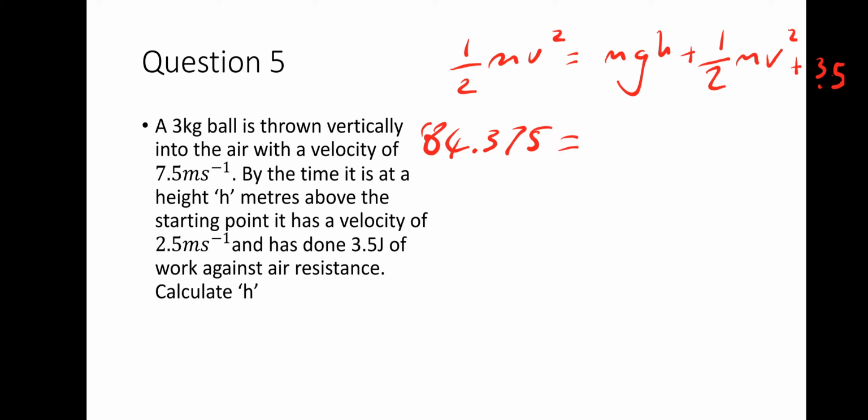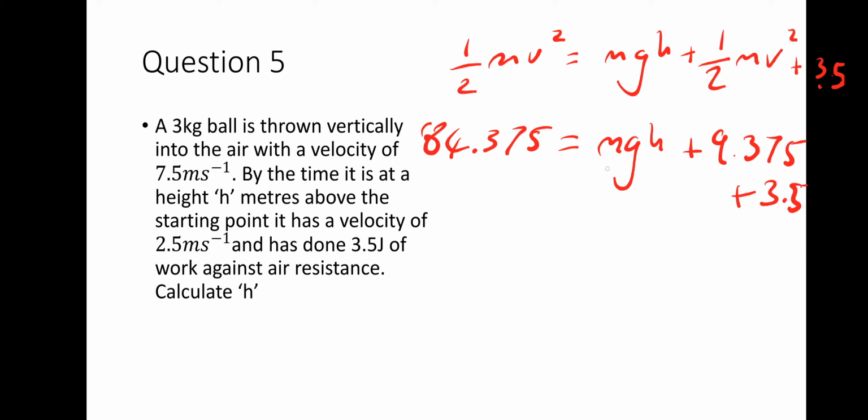Then we can do the kinetic energy afterwards. So that will be 0.5 times the mass of 3 multiplied by the speed squared, 2.5 squared. That gives us a kinetic energy at height h of 9.375. And then we can simply add the 3.5. And then we've obviously still got the mgh.